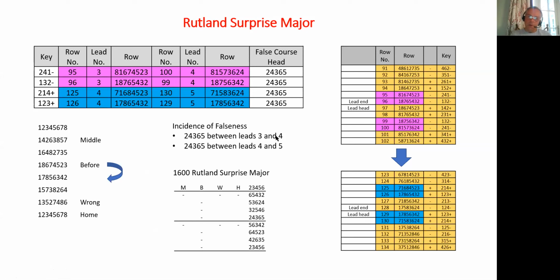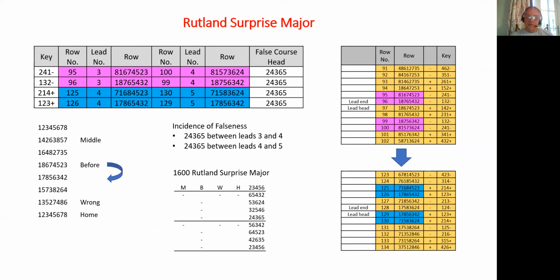So one clever thing that we can do with Rutland and other methods like Rutland that have the same place bell order as Rutland is if you call a bob before at the end of the 3rd lead, that basically jumps you forward from the 3rd lead to the 5th lead. So you've actually missed out lead 4 altogether.